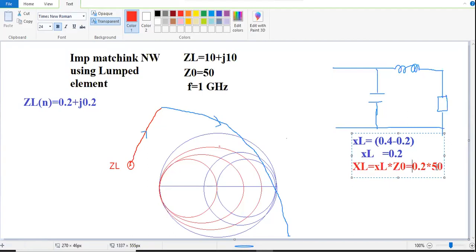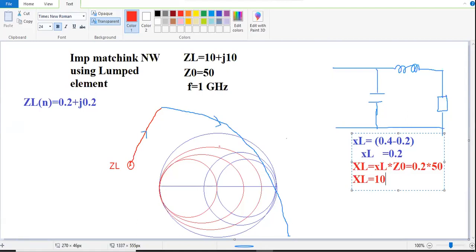How much will it be? Can anyone give me the answer quickly? Capital XL. 10. It is 10. Yes, this will be 10. Now this is XL, you got 10. Now what is our aim?